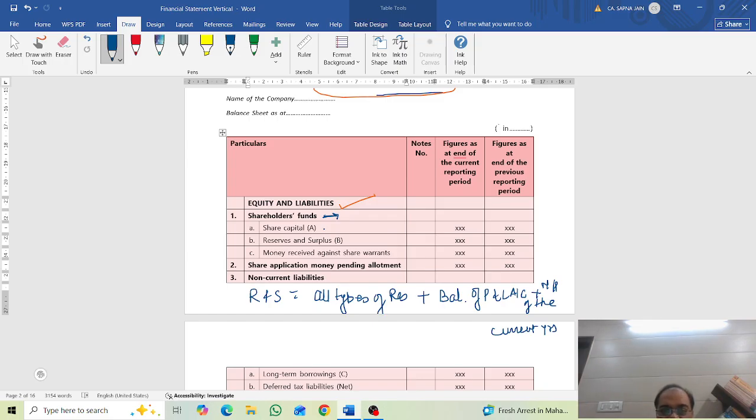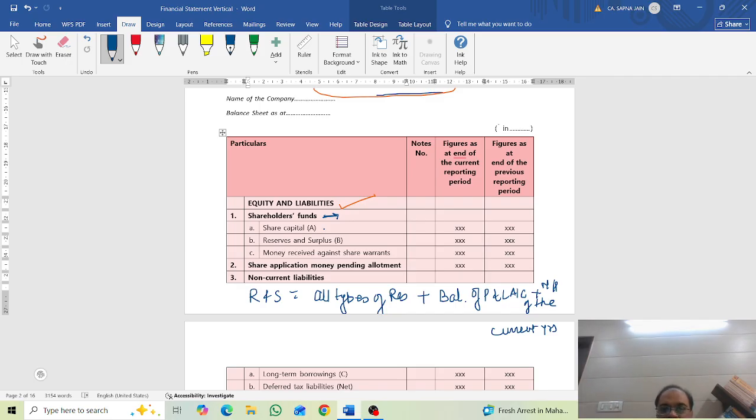So reserve and surplus include all types of reserve, whether general reserve, capital reserve, or debenture redemption reserve, plus balance of profit and loss account, and plus current year profit is also part of reserve and surplus.